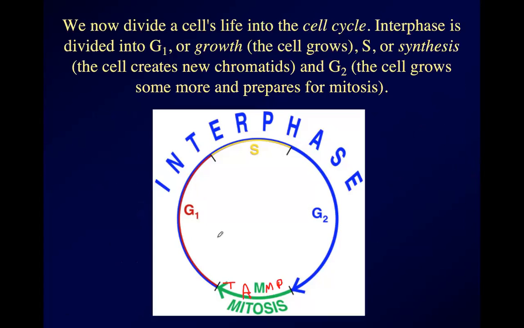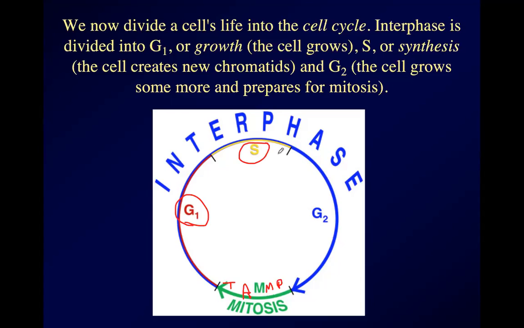We now divide interphase into a stage called G1, or first growth phase, where the cell just grows and does whatever it's doing and runs its metabolism and all that. An S phase, which is what we can't yet see, where the cell's chromosomes sprout new chromatids.